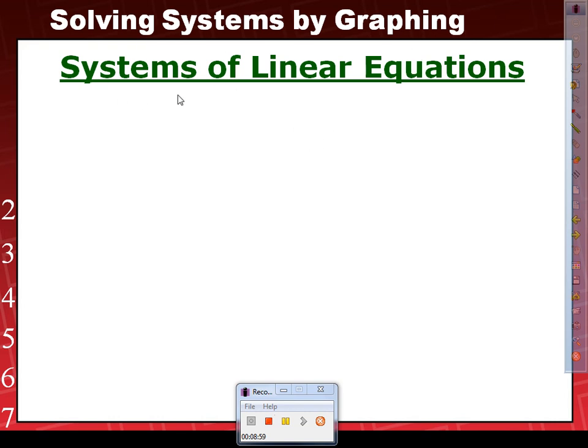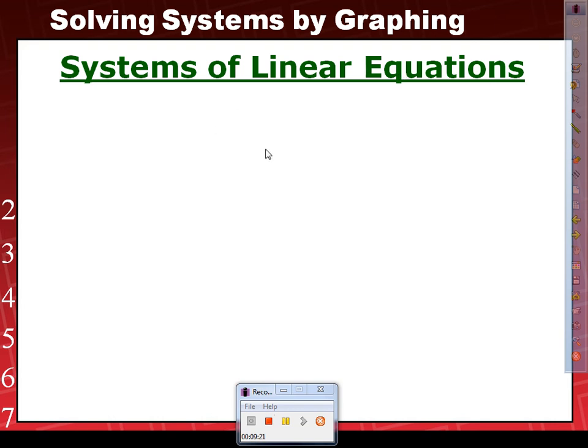Okay, so if we're going to be solving, that means a system either has solutions or it doesn't have solutions. Does that make sense? So let me give you the classification. If a system has solutions, that system is called a consistent system. Let me repeat that again.